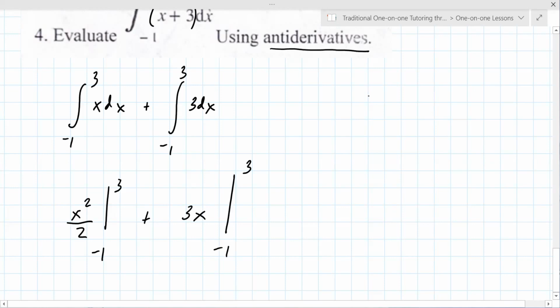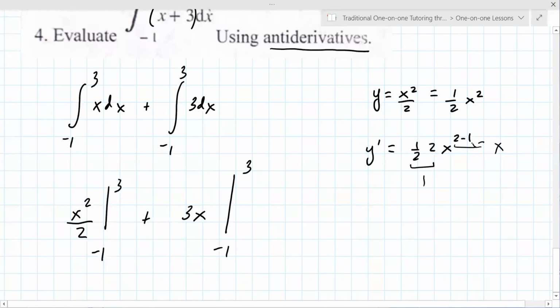Yes. How does that turn into x? Another way to write this is 1/2 x squared, and then y prime is 1/2 times 2x to the 2 minus 1 power. That's the power rule, so the 1/2 and the 2 cancel, and that becomes 1.